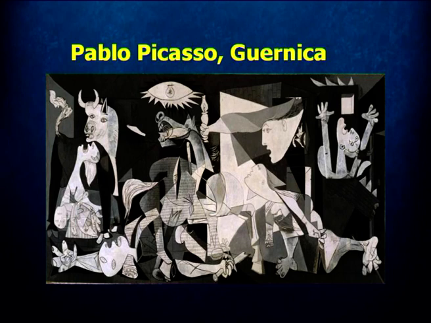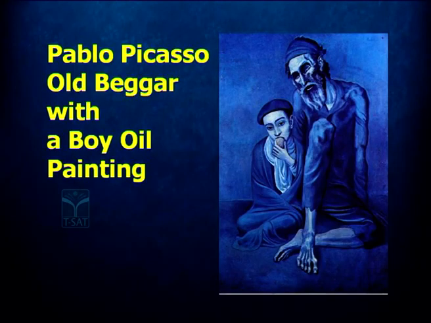This particular time period was categorized as the blue period, where he used extensively the blue color and different shades, tints and hues of blue. So, this is one of the examples where all the blue shades and tints are used.